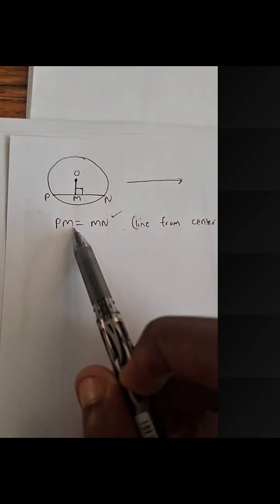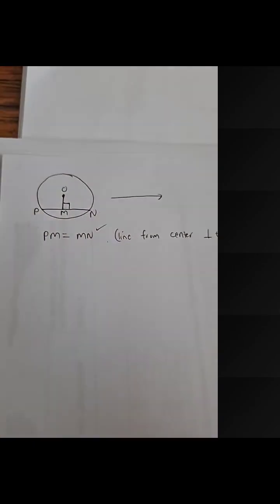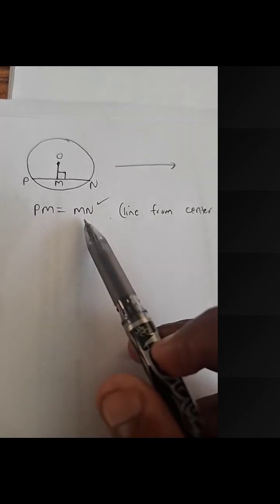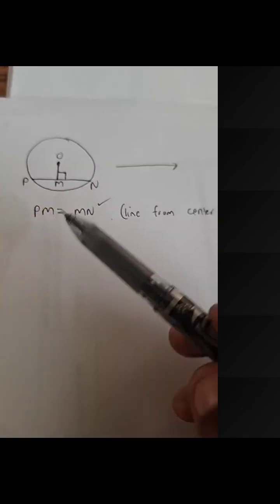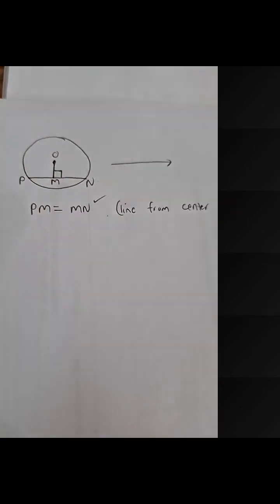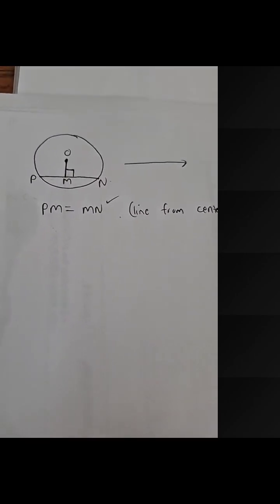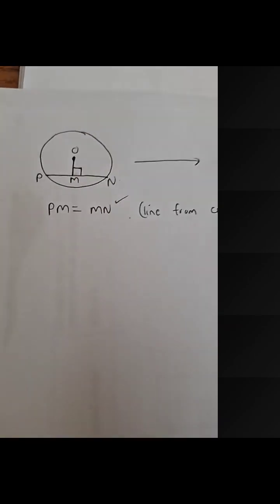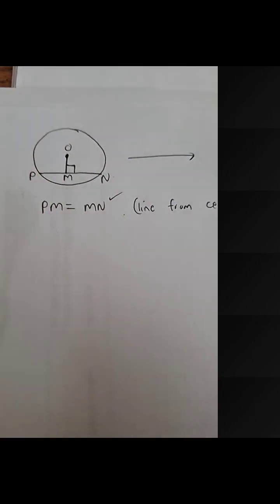In geometry, guys, Euclidean geometry, you have to provide a reason for a new statement that you make when you are doing a problem. You can't just say PM is equal to MN. The question is how? Because I'm looking at this diagram and I'm like, how can this guy say PM is equal to MN? I don't see how PM could be equal to MN in any way.